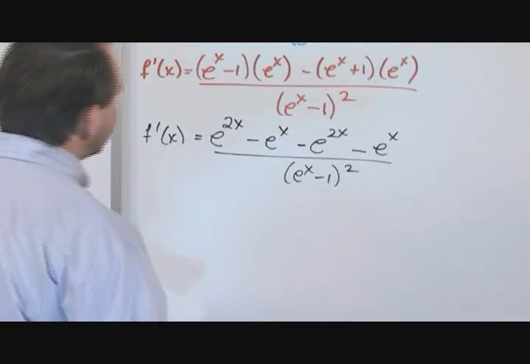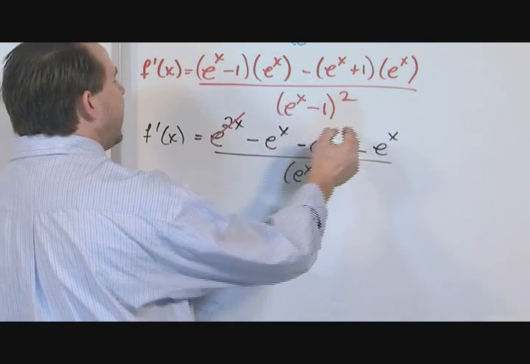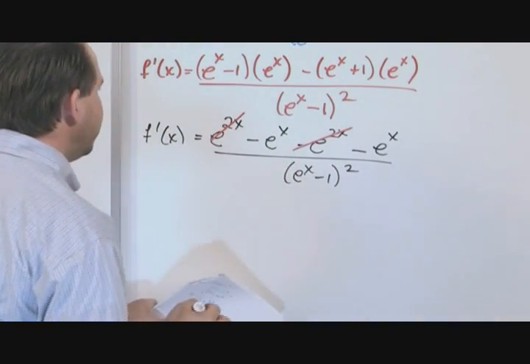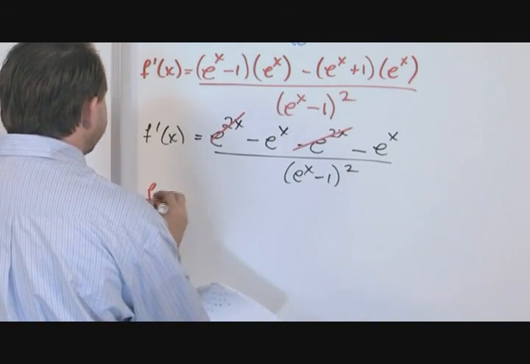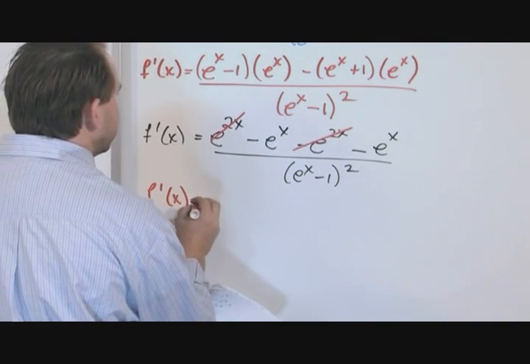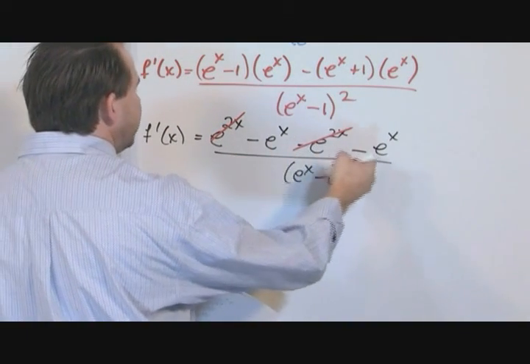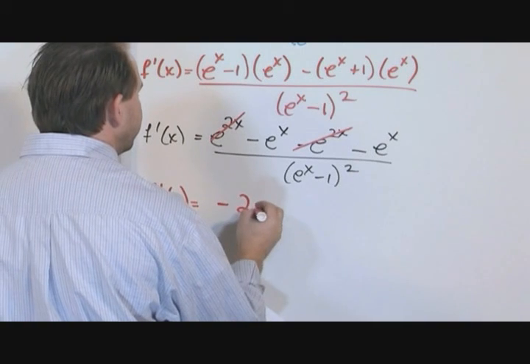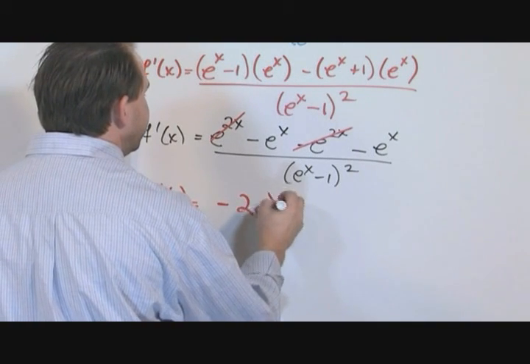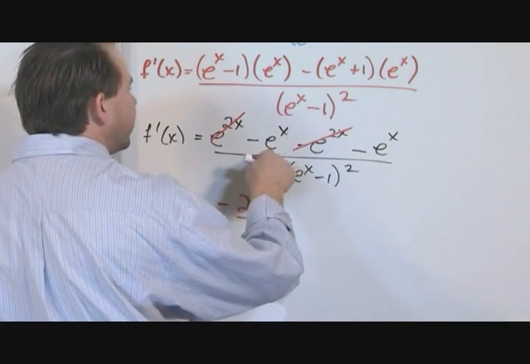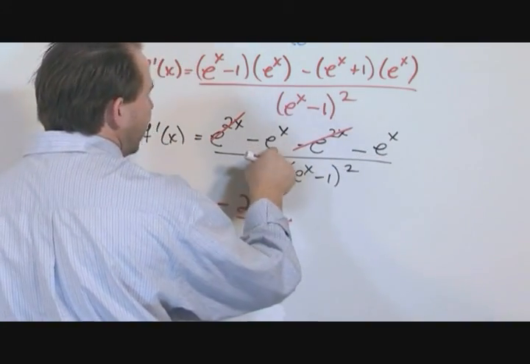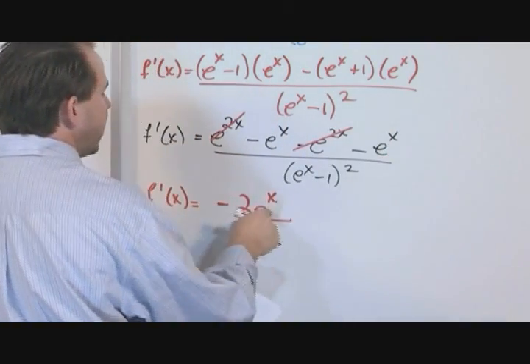Okay, so when we have e to the 2x, it's going to cancel out with this negative e to the 2x. And on the top, what we're basically going to have, f prime of x, is equal to, we're adding these guys together, negative 2e to the x. Because it's negative e to the x minus e to the x, so it's got two of these guys, e to the x.